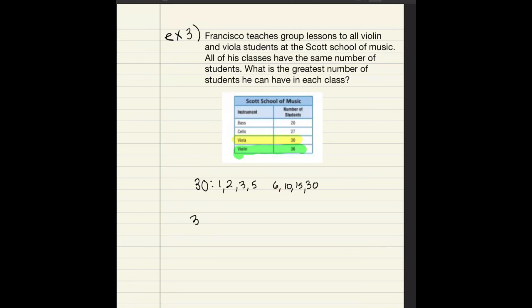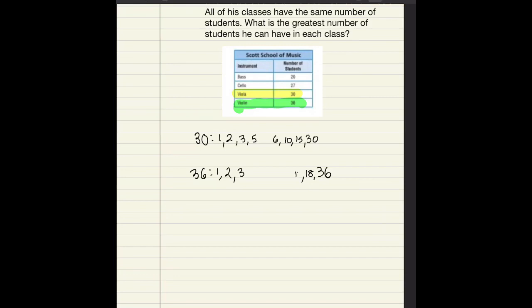And next is 36. We have 1 times 36 is 36. 2 times 18. 3 can go into 36 12 times. Can 4 go into 36? Yes, 9 times.